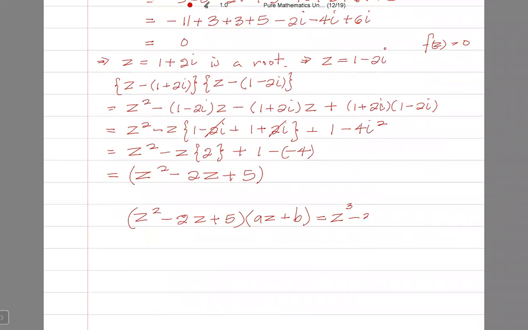Minus 3Z, plus, sorry, minus Z squared first. Z squared plus 3Z plus 5. Our objective is to find out what A and what B is.